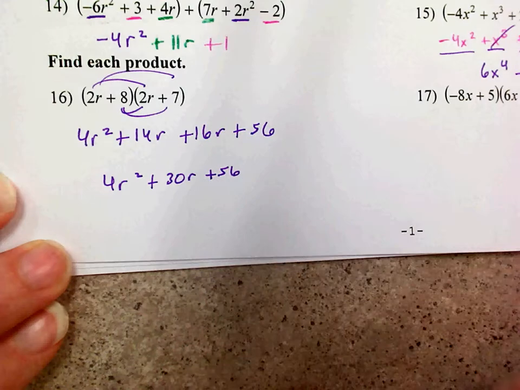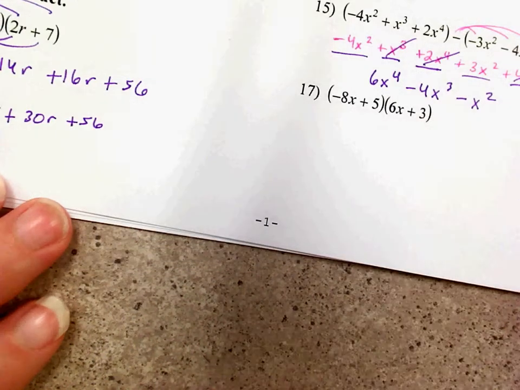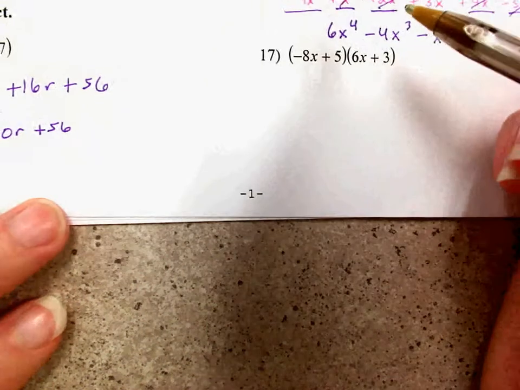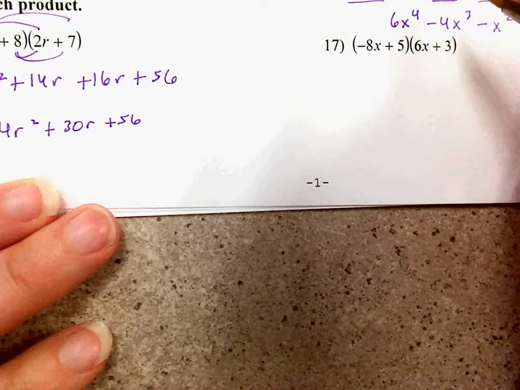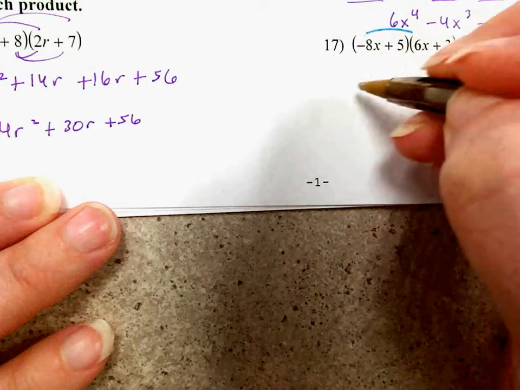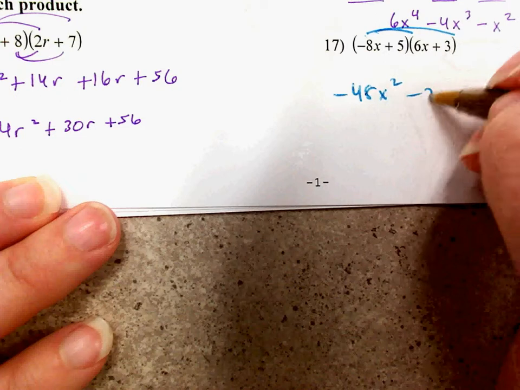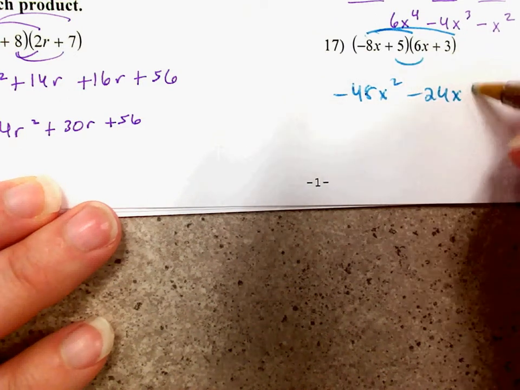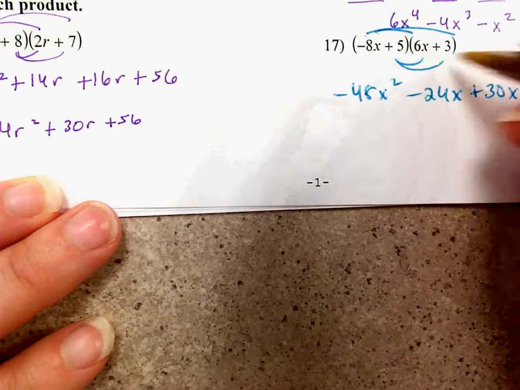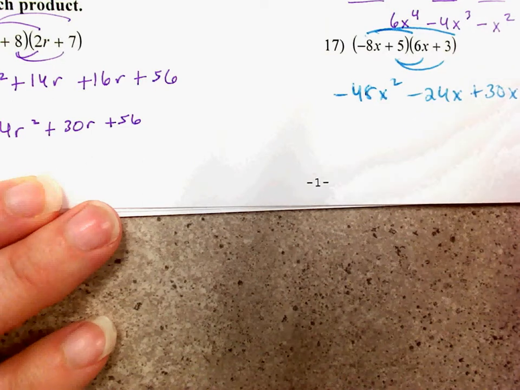Same deal on this one? Okay, so negative 48x squared, and then minus 24x plus 30x plus 15. So negative 48x squared plus 6x plus 15.